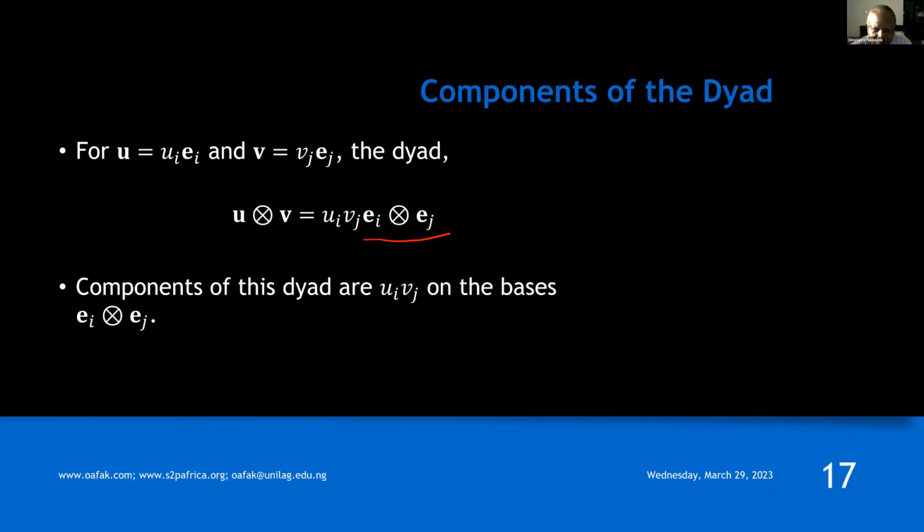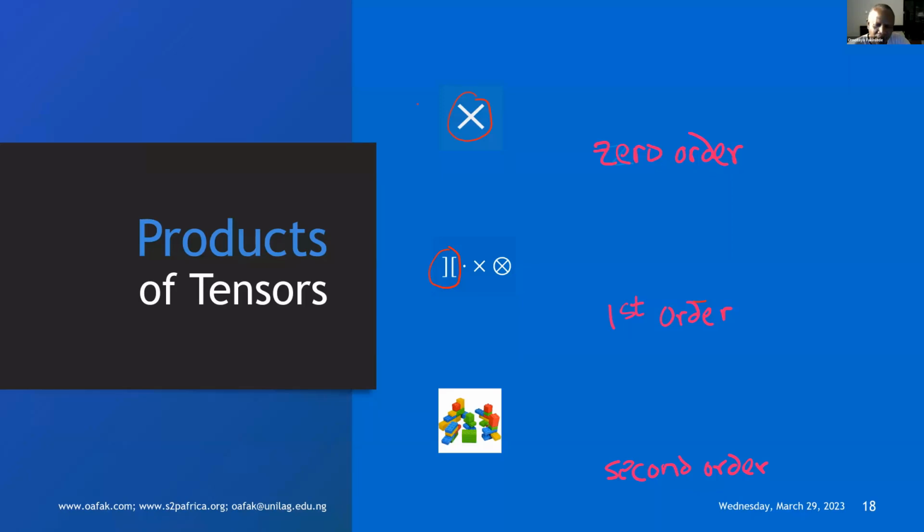I just want you to notice that I did not tell you that a unit tensor is defined by 1 0 0, 0 1 0, 0 0 1, like some textbooks will do.